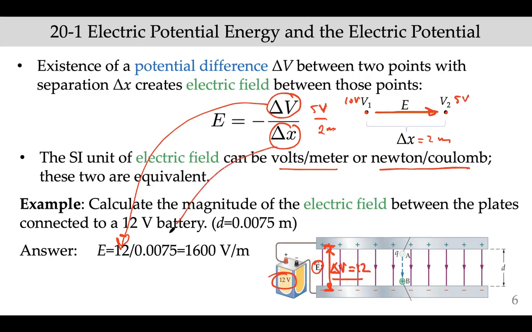If you do the division, you will find it's 1600 volts per meter, or you can also say newtons per coulomb. Same thing. So the bottom line here is if you have potential difference delta V, then you can divide it by delta X, and it will give you the electric field between those 2 points.